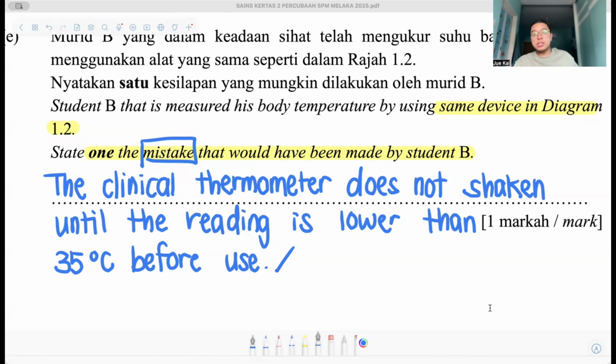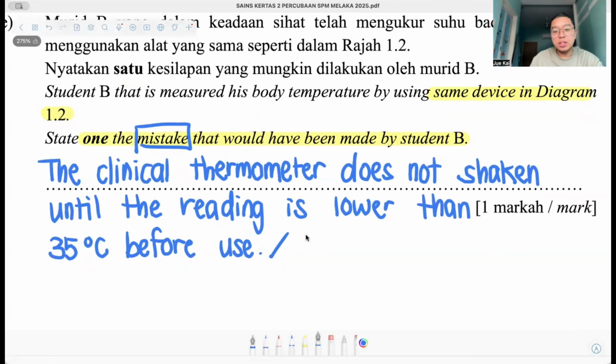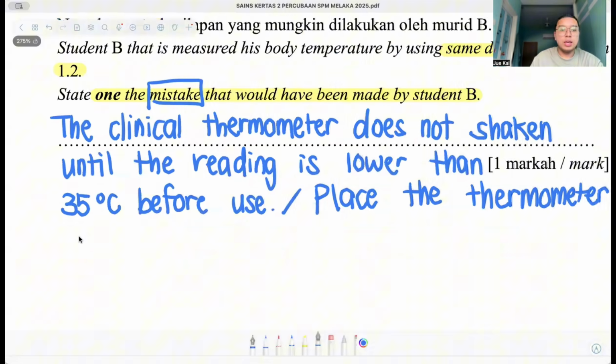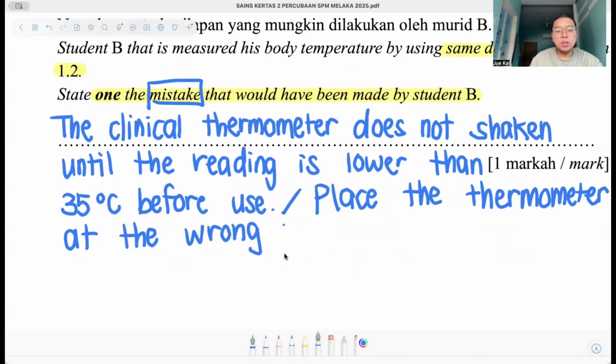Yeah, good job, Qixuan. That's the answer. Thankfully, I waited for 1 minute. Place the thermometer at the wrong position. Good job. So that will be the answer. Place the thermometer at the wrong position.